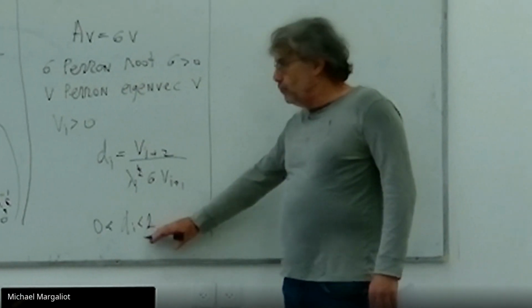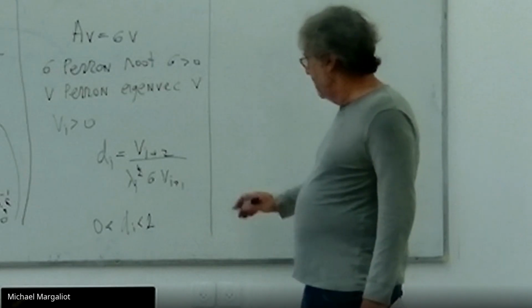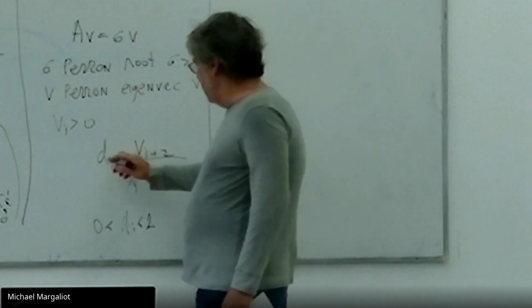And because there is a unique equilibrium point in [0,1], these d_i's are just the e_i's.